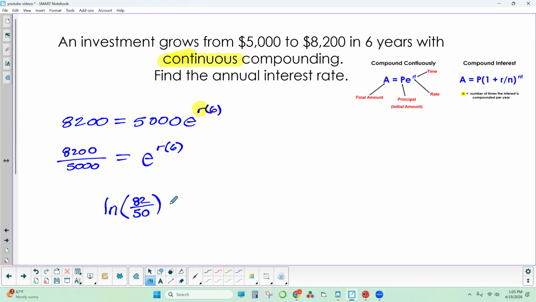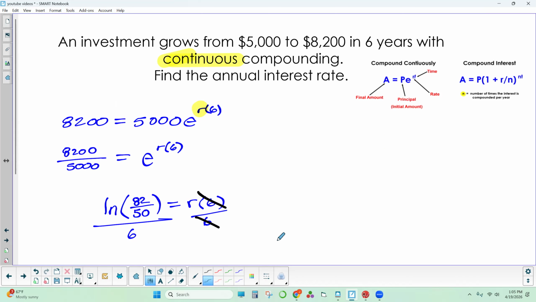Okay, equals r times 6. All right. And then lastly, to get r by itself, we're going to divide both sides by 6, and that will isolate r. And now it is in calculator ready form. This will give us our interest rate in order to grow 5,000 to 8,200 in 6 years.